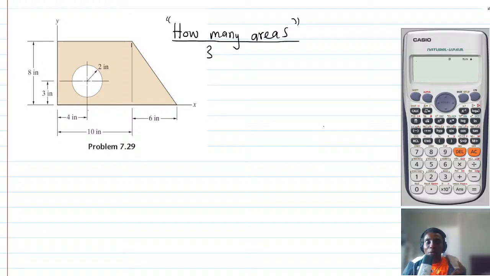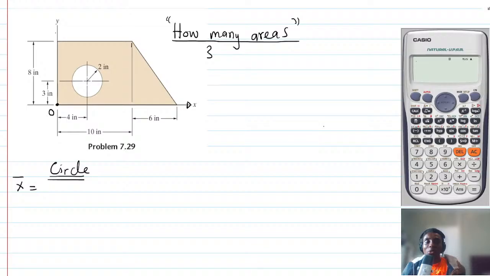First of all, we will deal with the circle. If you look at the circle, it is interesting. There's the origin O. If I ask you to find the x bar of the circle, it simply means walk along the x axis until you get to the center of the circle.